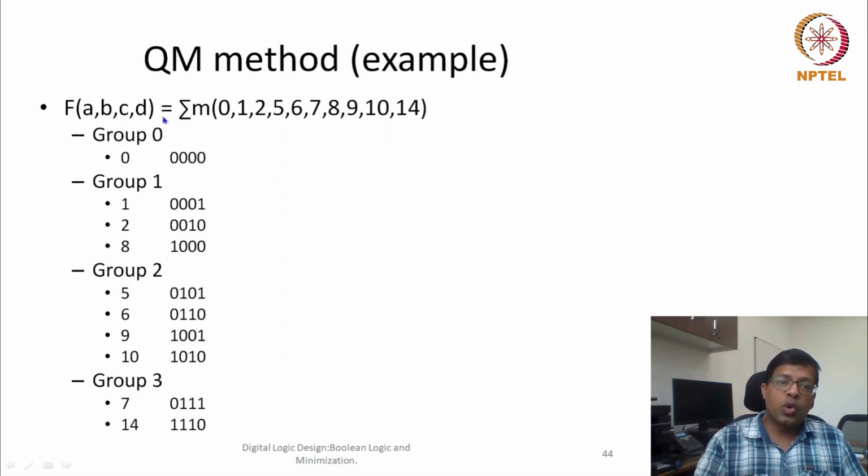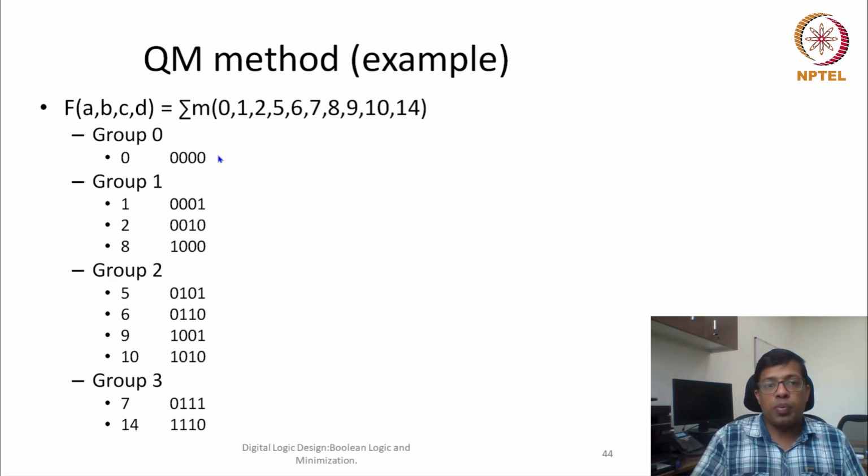See, group 0 can never pair with group 2, because there are two ones here and there is no one there. The condition for combining, the condition for pairing, is that only one variable should be different, or one variable should be present in complemented as well as the original form.